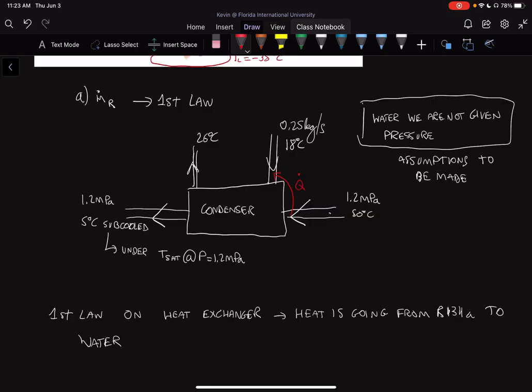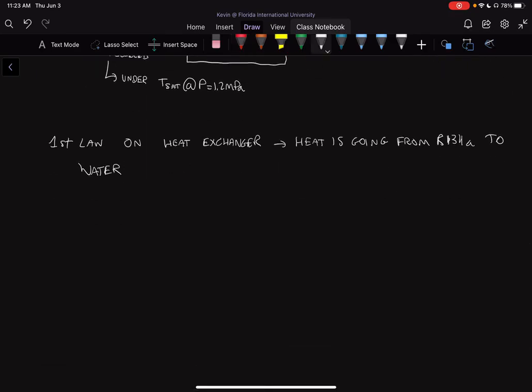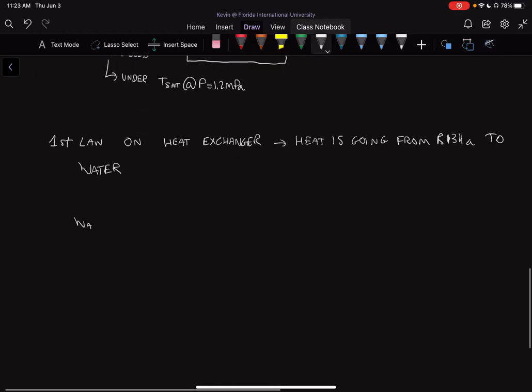Okay, so we can solve our problem by looking at just the water system first. So let's look at the water side of the heat exchanger. We have that Q dot H, which is Q in.